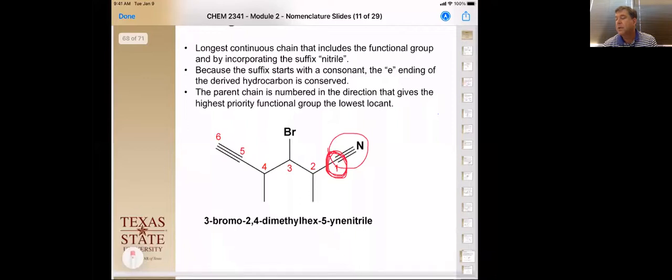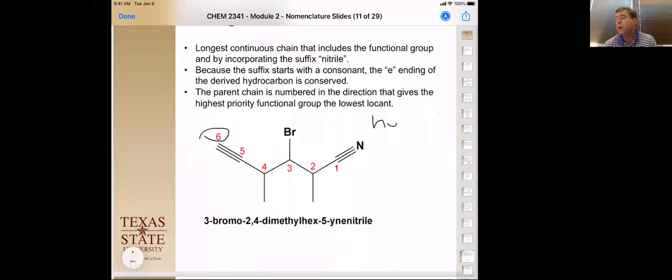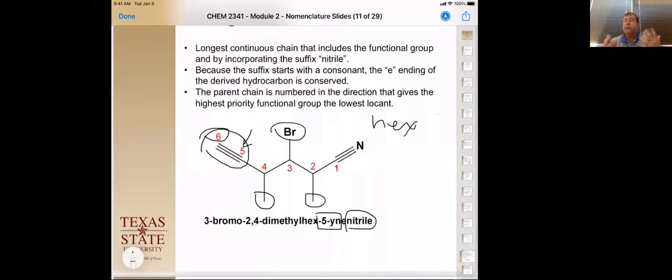Okay, so let's go ahead and name our thing. We have 6 carbons, so we know we're going to have hex in there somewhere. We have nitrile hanging on the end. We do have a triple bond, so we've located it on carbon number 5. So that's where the 5-yne comes in. And now we have 3 substituents: dimethyl and a bromine. So we can go with the bromine first as the lowest.